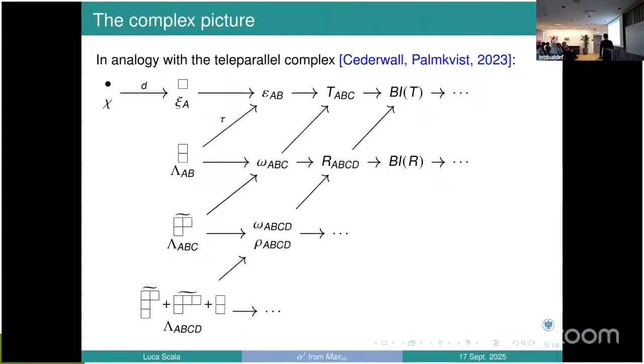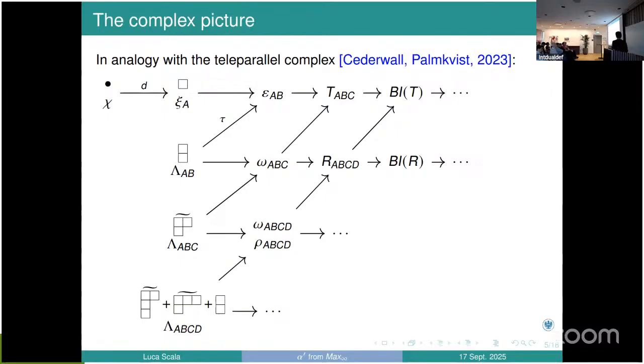A nice way to see this is to look at a notion called teleparallel complex. This was introduced by Martin, Sedewall and Palmquist in 2023, and it was a formalization of teleparallel general relativity in terms of a complex.